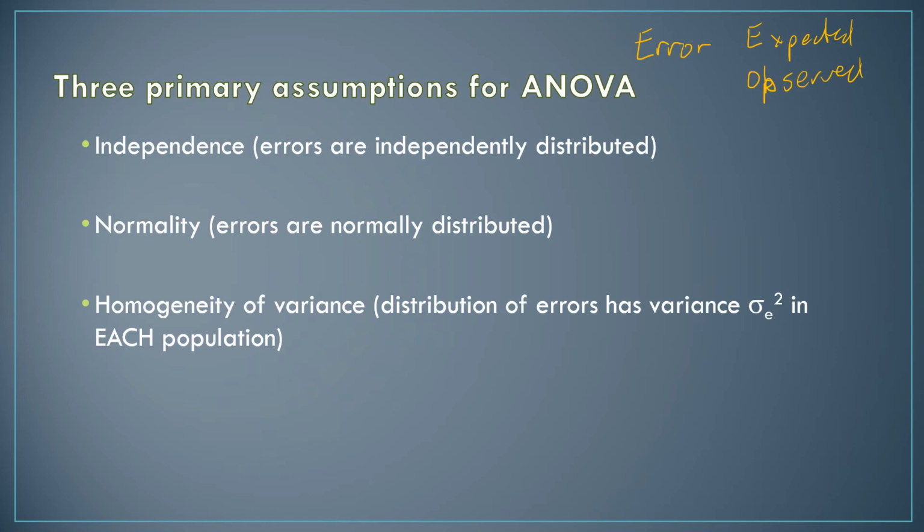Because that shifting of variance is what shifts the means to be able to compare those means and see if there's statistical differences. So it's important for the differences in the groups to not be from the violation of homogeneity of variance, but to actually be from a shift in the variance.